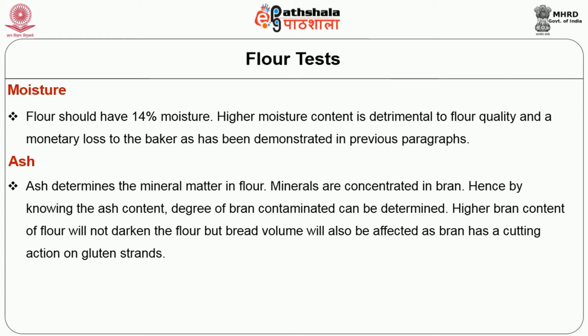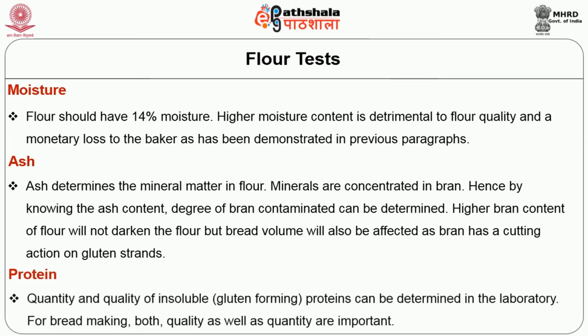Minerals are concentrated in bran. Hence, by knowing the ash content, the degree of bran contamination can be determined. High bran content of the flour will darken the flour, and bread volume will also be affected, as bran has a cutting action on gluten strands.